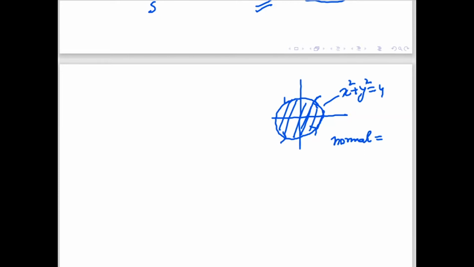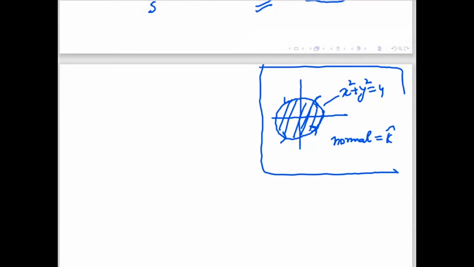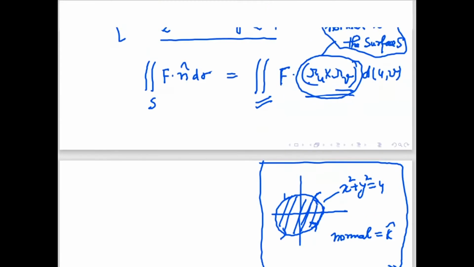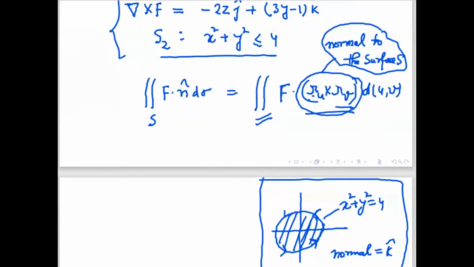The normal will be k cap. If you traverse over this circle, your right hand side will be the surface and your head direction will be the normal. We will follow this convention later, but not now. I will prove it is k cap by parameterization, in the z direction. First I will do the parameterization and ru cross rv will come k cap only.